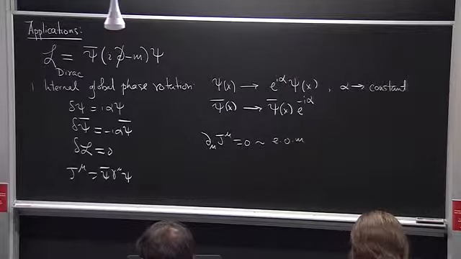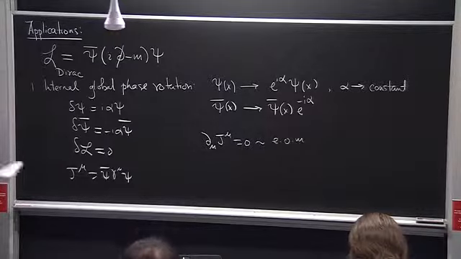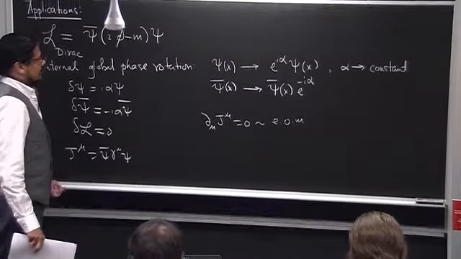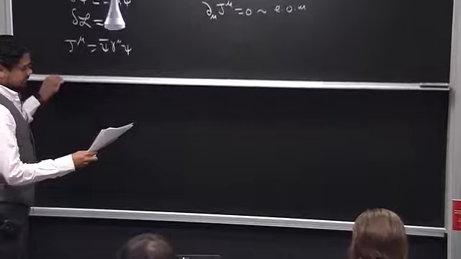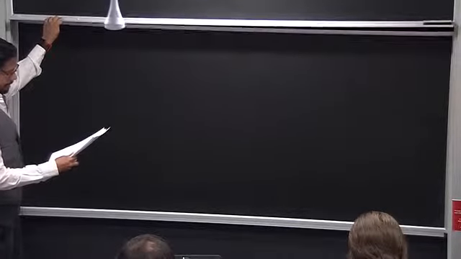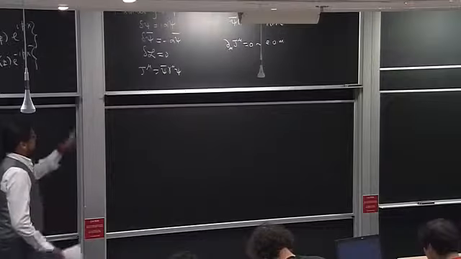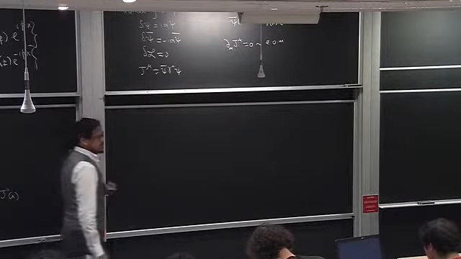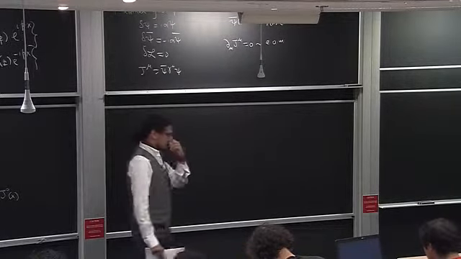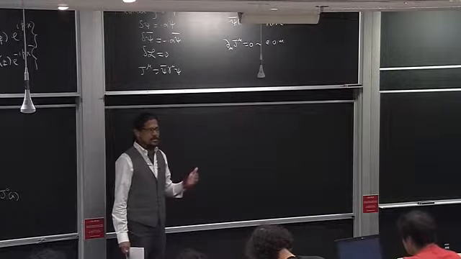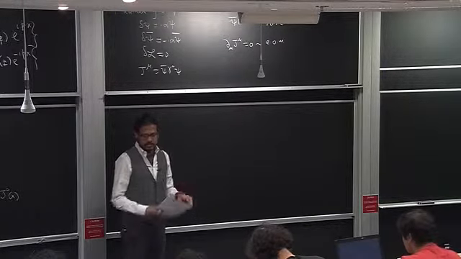These are the kind of questions that I might ask you to do in the interview. It'll turn out that this current is the conserved charge associated with this symmetry. When you quantize it, it is actually going to be the electric charge.